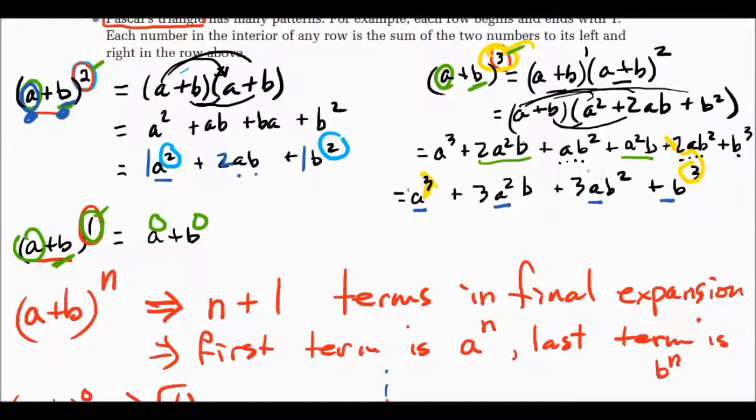A to the 1, and what is this? A to the what here? Yeah, it's a to the 0, because it's just 1. So that's interesting. What about the b term? Yeah, it starts at b to the power of 0, then b to the 1, then b to the 2, finally b to the n.